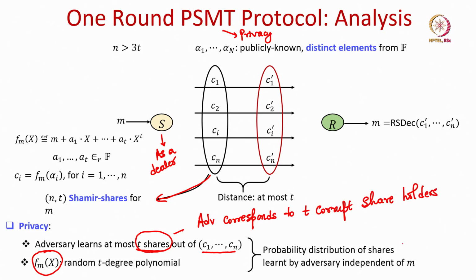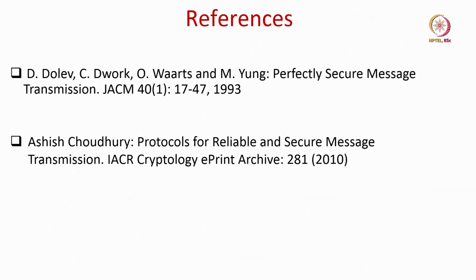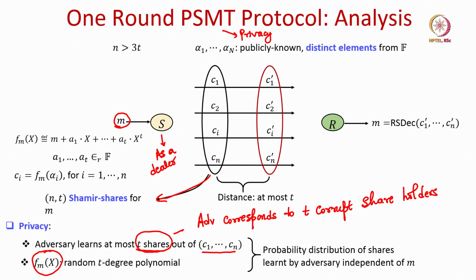And in the context of Shamir secret sharing, we have proved that even if adversary learns t shares, its probability distribution will be independent of the dealer's secret, and dealer's secret here is nothing but the message for the PSMT, and that shows that adversary fails to learn any information about the message even though it is computationally unbounded. Okay. So, that proves the privacy property, and you can see that this protocol is highly efficient.